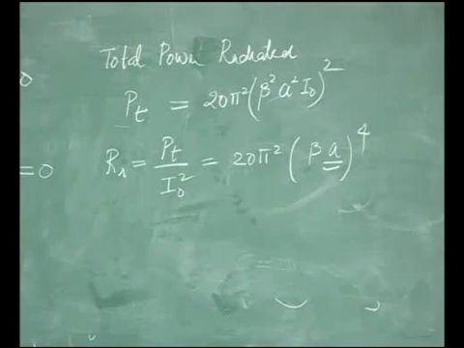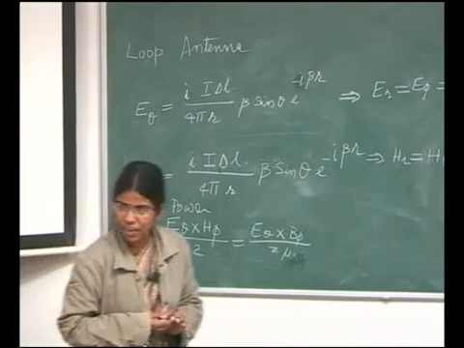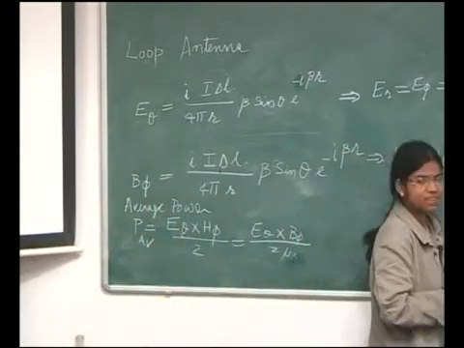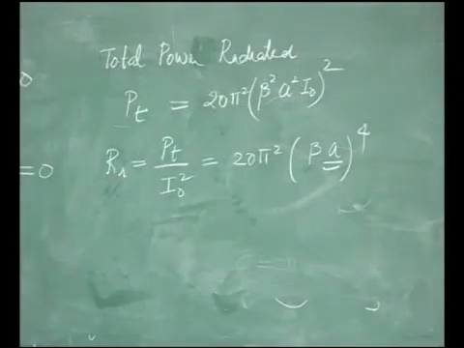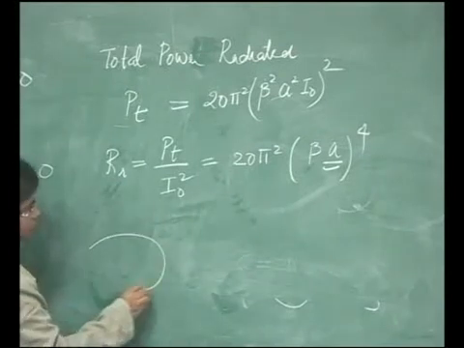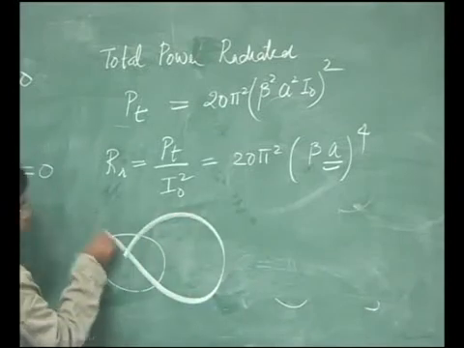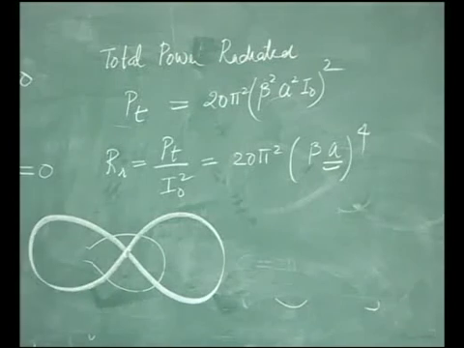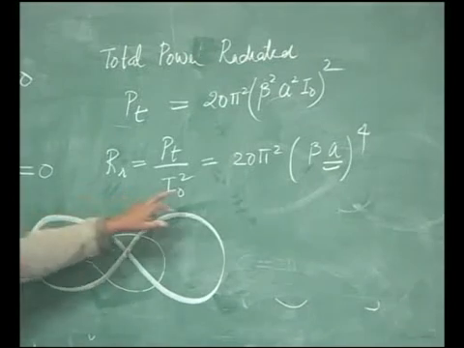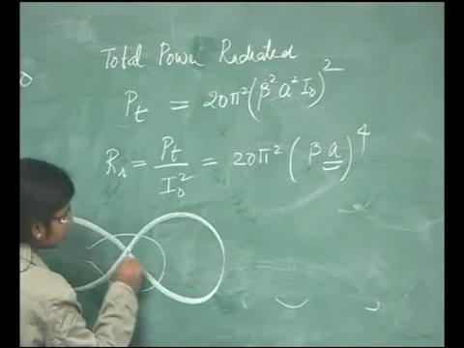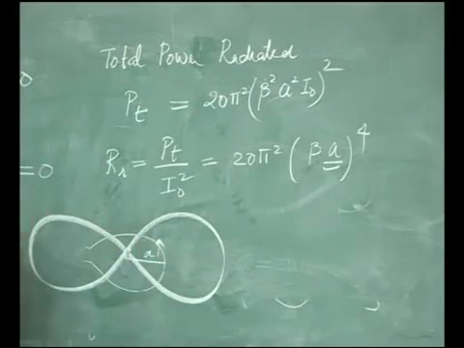Now, what happens if I change the A, if I increase A? If I increase the radius of the loop, resistance is going to increase. So, what happens? The loop which was initially radiating like this, on increasing the radius of the loop, if you keep on increasing this A, then what happens?